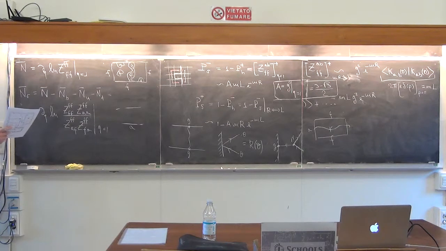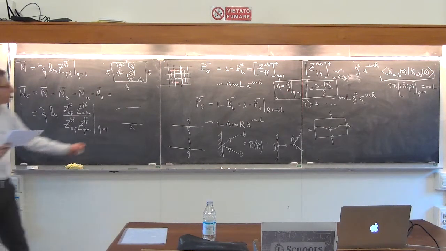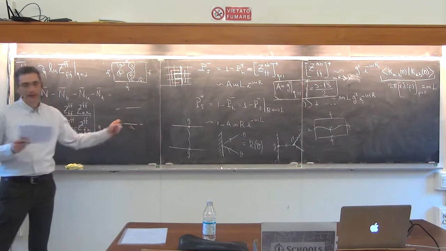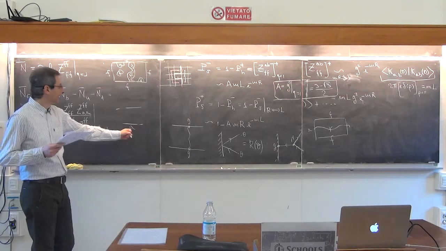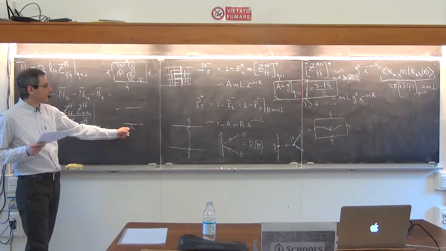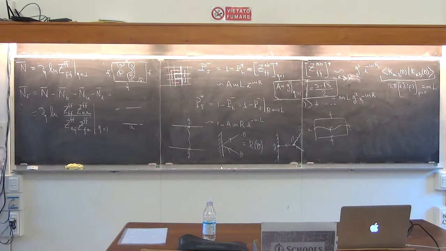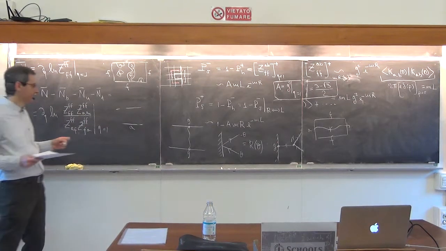So you remember the expansion of the boundary state with fixed boundary condition is the one which contained the vacuum and then kink anti-kink. So there was no single kink contribution.